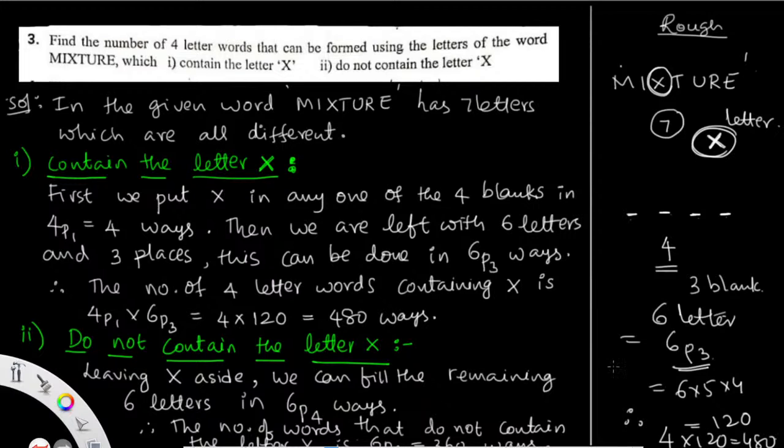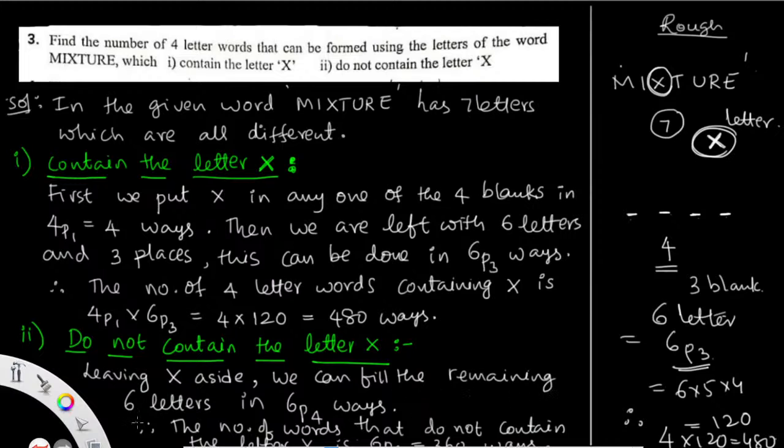We can arrange this using the word MIXTURE containing the letter X. The number of ways is 480. In the second question it is given that the words do not contain the letter X. Do not contain the letter X means completely avoid the letter X. That means leaving X aside. So how many can we find?